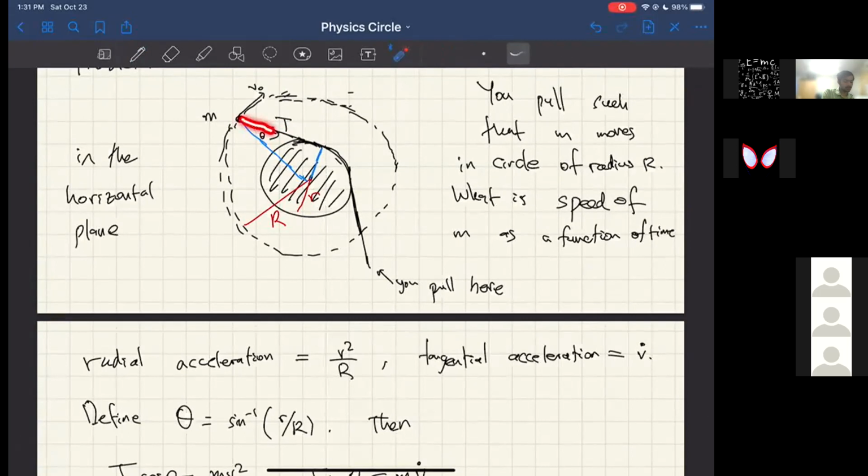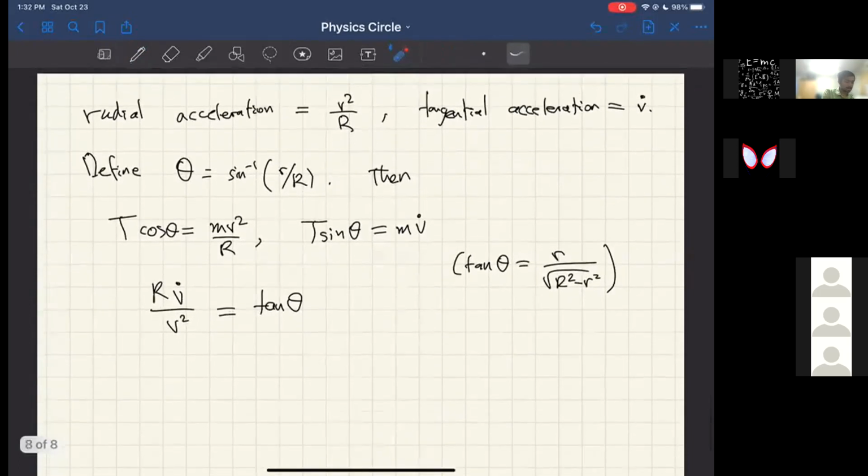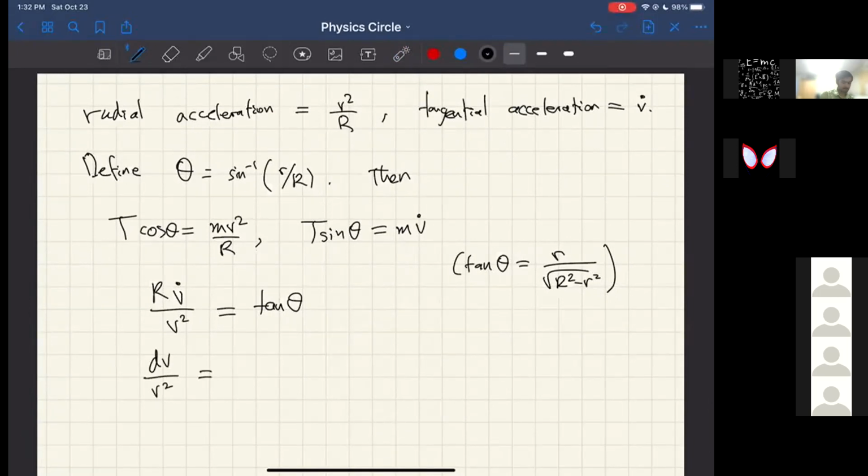Like you have the tension force and you're splitting it into a horizontal component and a vertical component. Hopefully that makes sense. All right. So we have this. And if you just solve this, you can get dv over v squared equals tan theta over r dt.